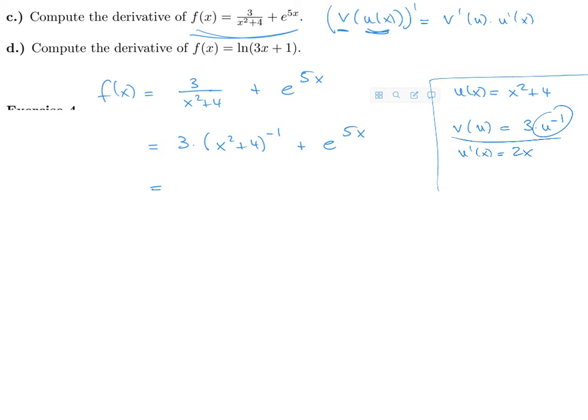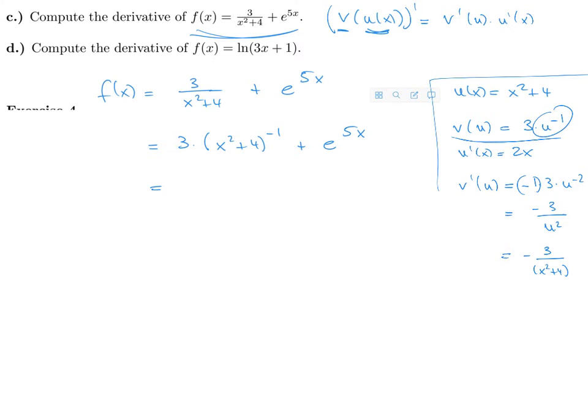And the derivative of this function here would be v dash of u is equal to minus 1 times 3 times u to the power of minus 2, or minus 3 divided by u squared, which is equal to minus 3 divided by (x squared plus 4) squared.